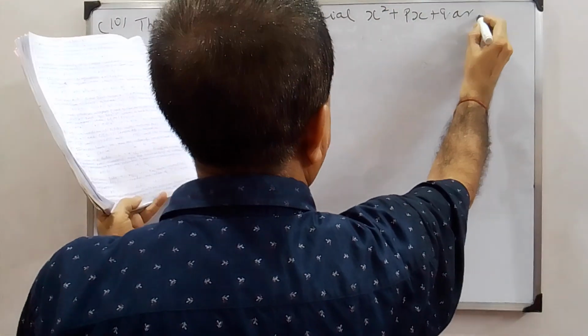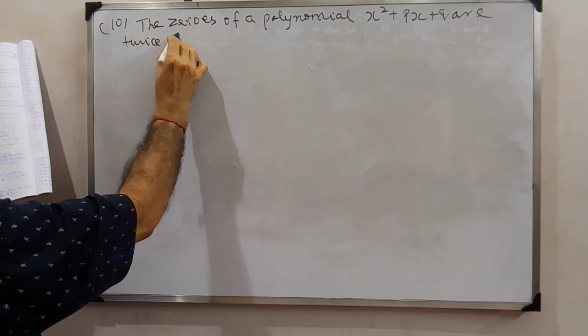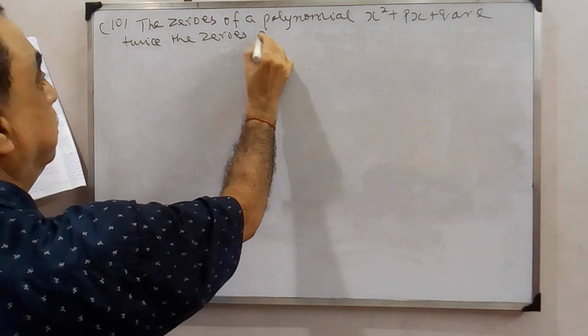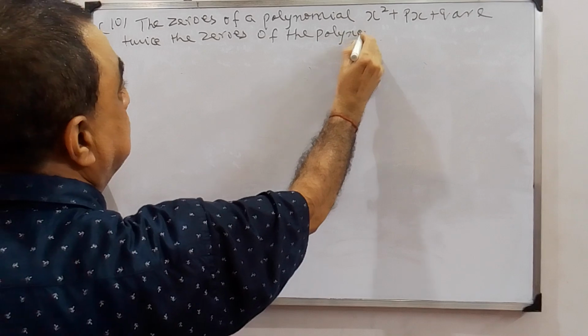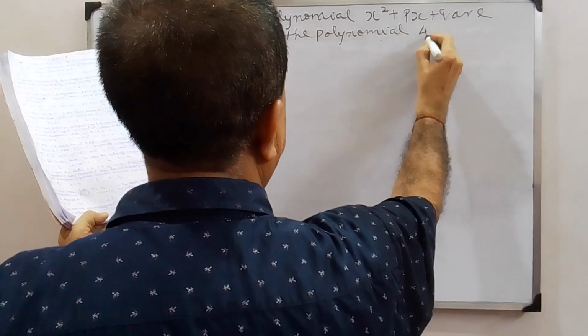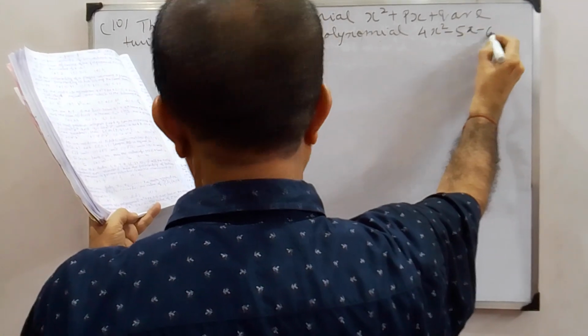The zeros are twice the zeros of the polynomial 4x squared minus 5x minus 6.